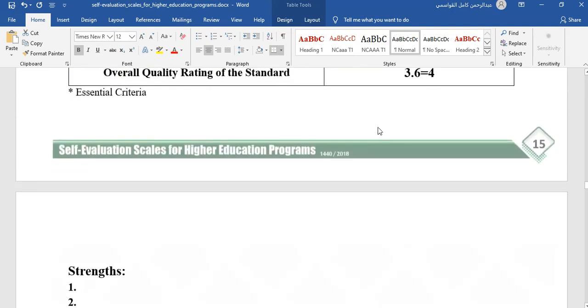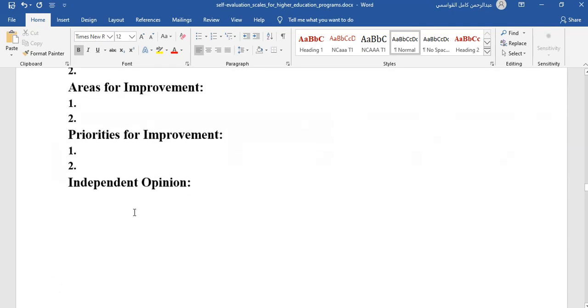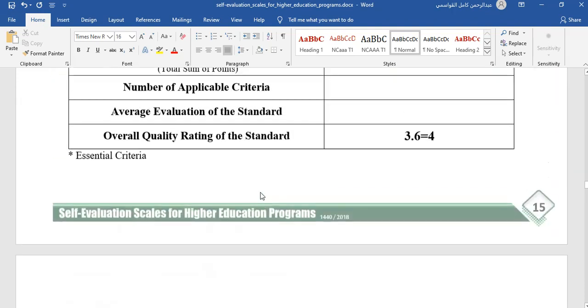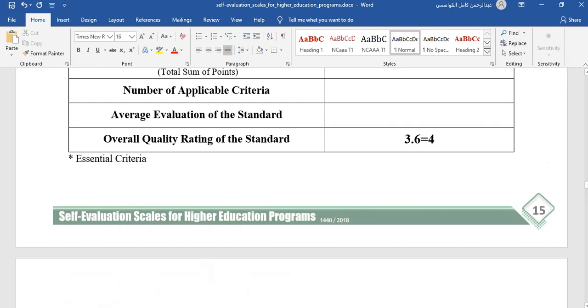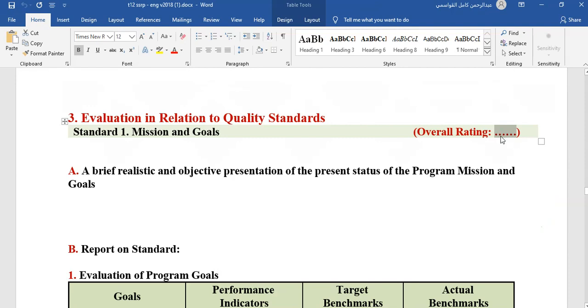I have 4 as the result. I wrote here my strengths and areas for improvement, and I now have an independent opinion. How can I use all of this in my self-evaluation? I have here 4.